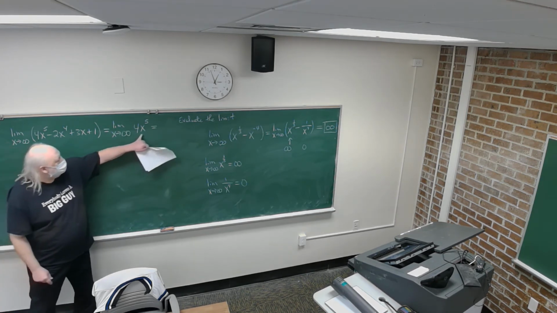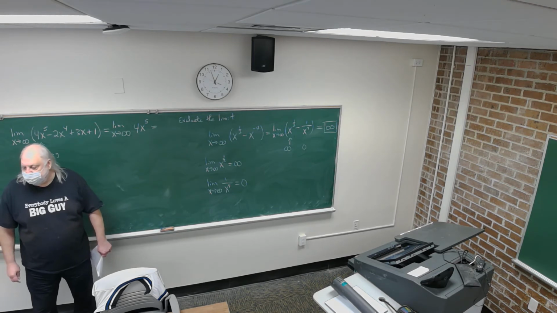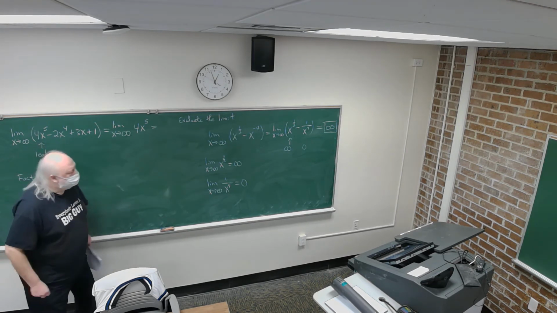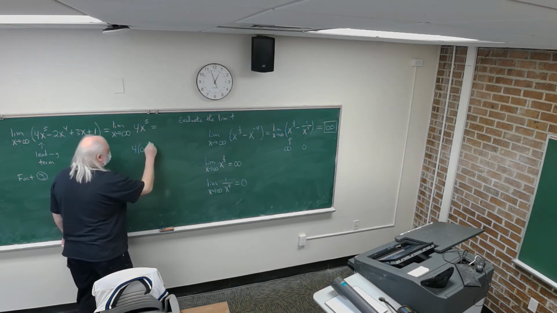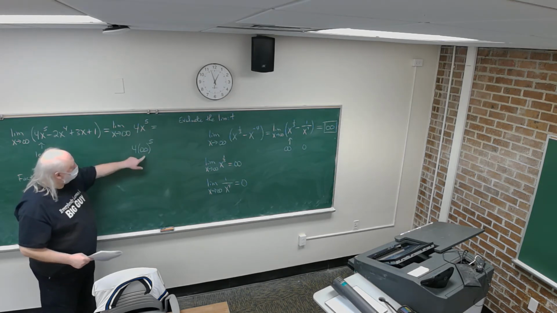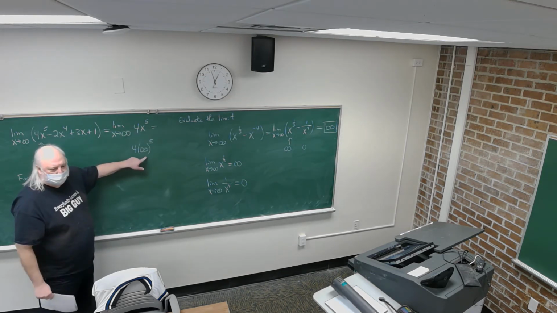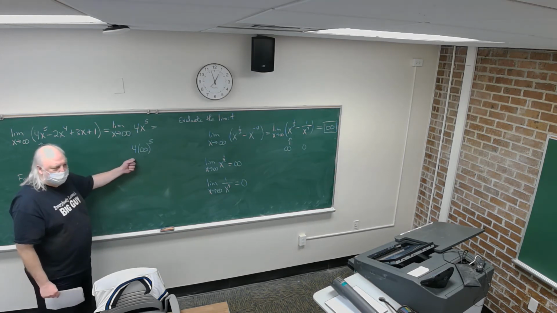As x increases without bound, what does 4x to the 5th do? x to the 5th increases without bound. It's kind of like infinity to the 5th power, which is infinity, times 4.